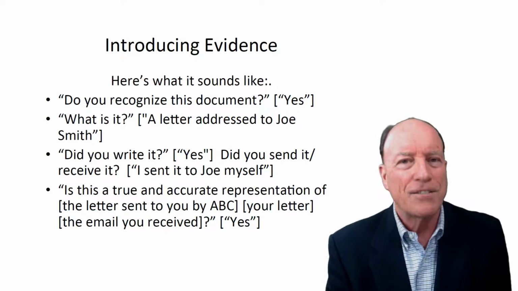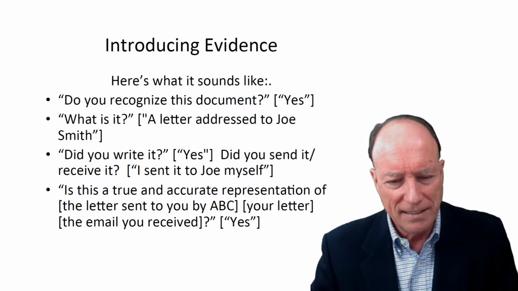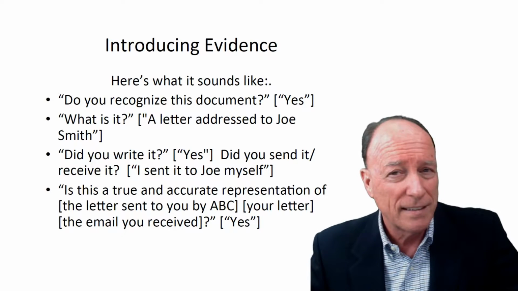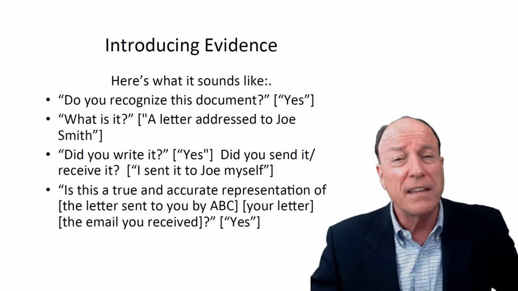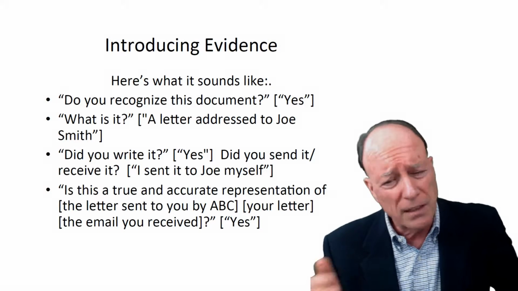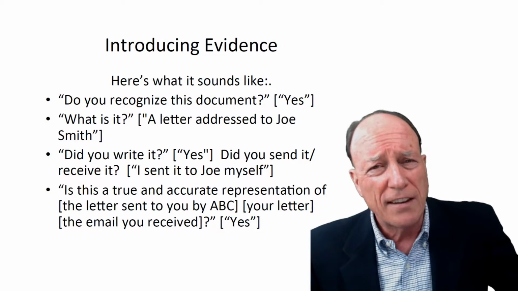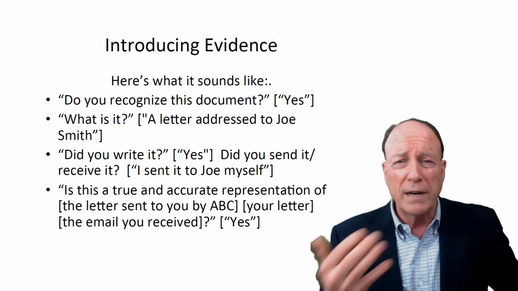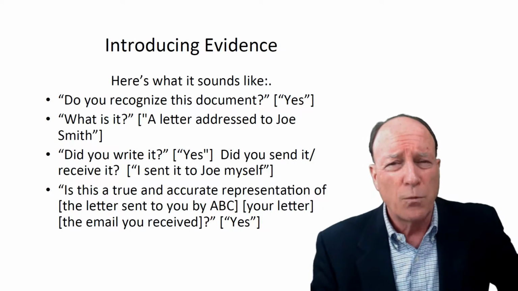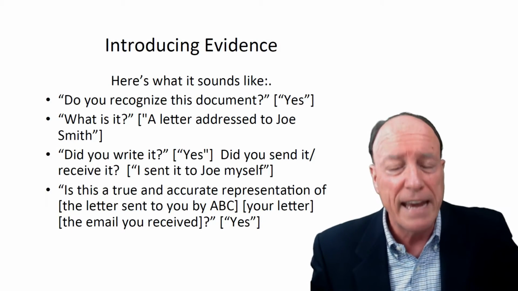So the witness testifies as to the authenticity of the document when you ask, is this a true and accurate representation of the letter that was sent to you by the ABC company, or your letter, or whatever it is? And of course, the witness will confirm yes.